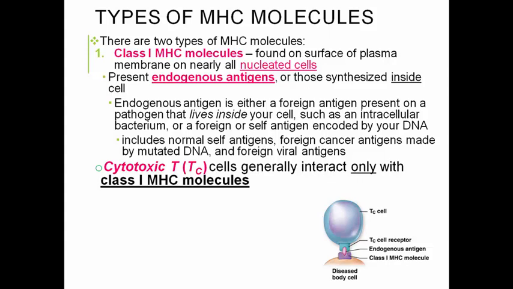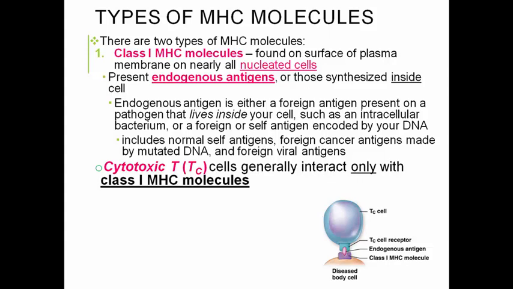If it is a pathogen that lives in the cell, we've already said that you have, of course, viruses and intracellular bacteria that would reside. So our normal self-antigens, the foreign cancer antigens that mutated DNA would make, and all viral antigens would be endogenous. And again, that's why we call it cell-mediated immunity. It's inside of the host cell.